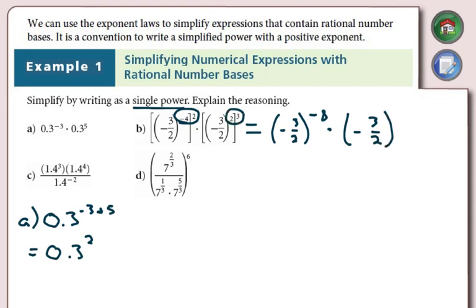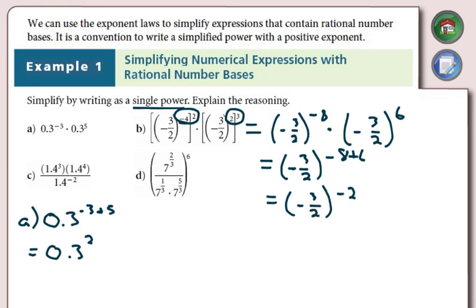Then for the second negative 3 over 2, we have that combination of exponents which would multiply to 6. Now we're back to the same situation as A. We'll add those exponents. Get negative 3 over 2 to the power of negative 2.